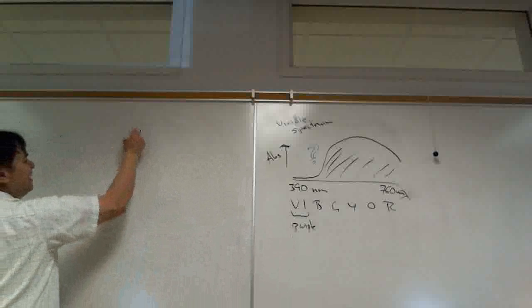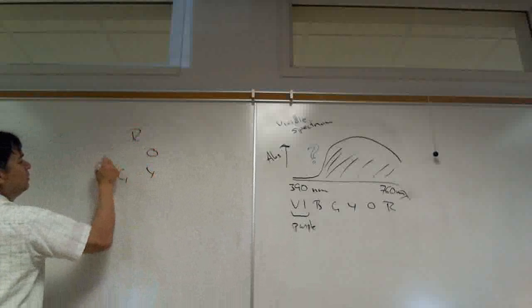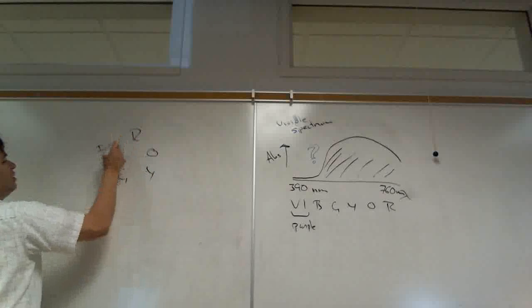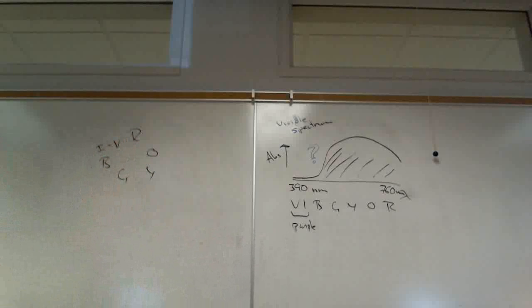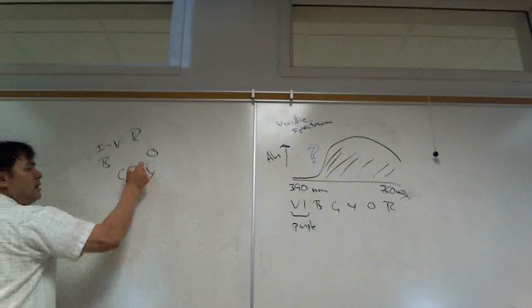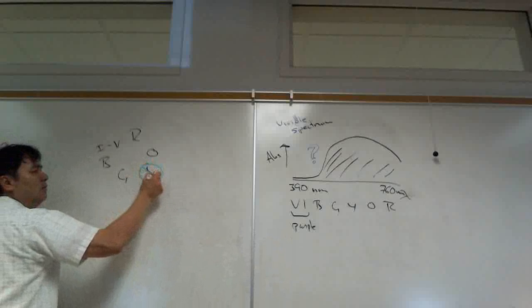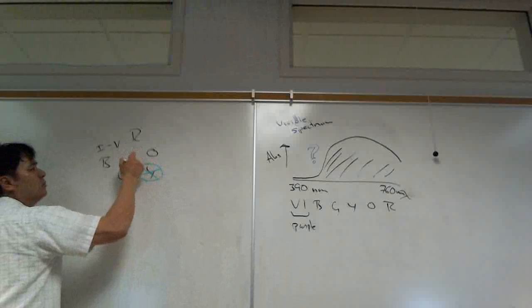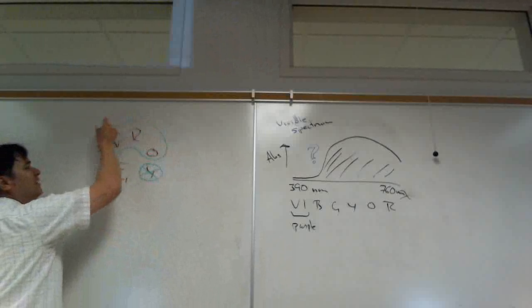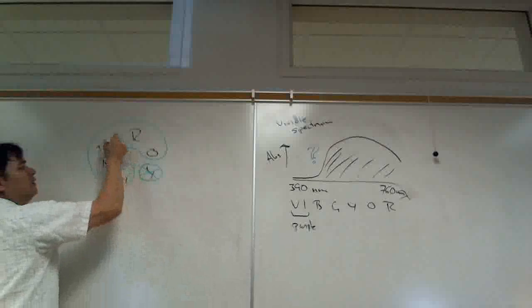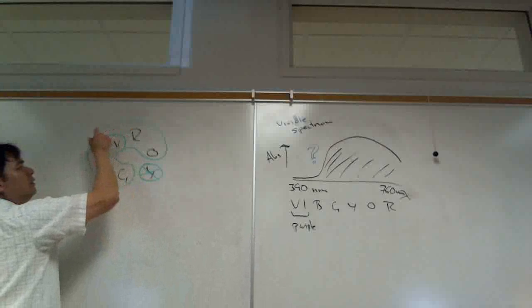And so we have the color wheel. Indigo violet we'll keep together. And so if we look at the artist color wheel like this, and we absorb this color, yellow, then the other colors will mix to form purple.